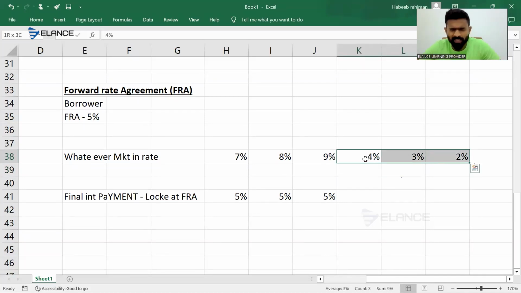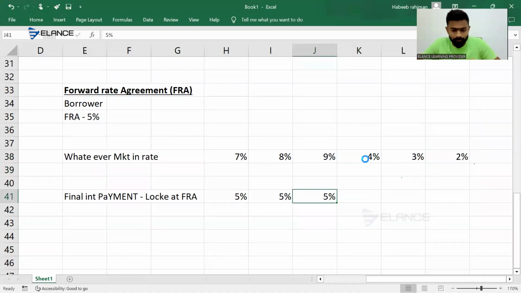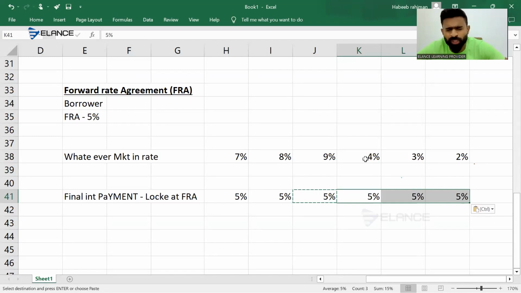This is a favorable movement in the market. But since we entered into the lock-in rate, we will end up paying 5%. So we lose the opportunity to take the favorable market movement. We already learned this for the forex forward, and it is similarly applicable to the interest forward also. Is it okay?